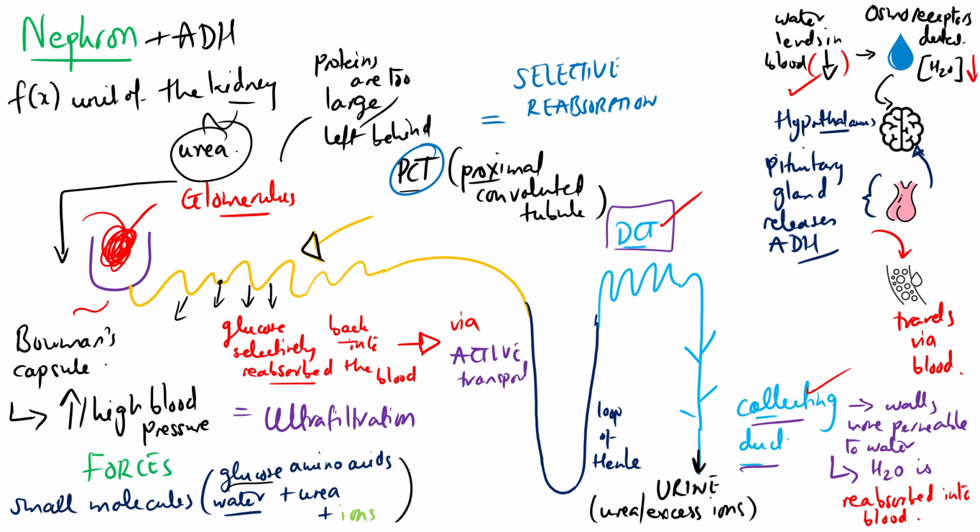Why are you putting your hands up? It's more concentrated. It's more concentrated because there's more excess ions, there's more urea, but less water. That's the principle here. And secondly, if more water is returned back into the blood, that means urine is lower in volume.